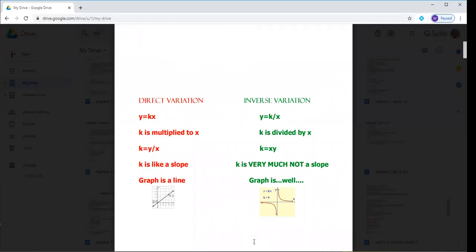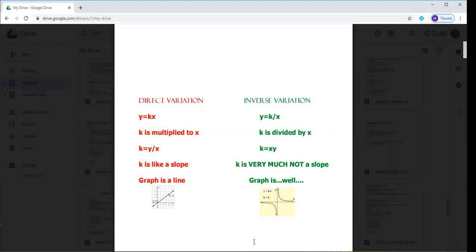And in inverse variation, it's actually easier. To find k, you just multiply x and y. We're going to see how that works in a minute. In direct variation, k is like a slope, and in inverse variation, k, which is still the constant of variation, is very much not a slope. Very much not a slope.